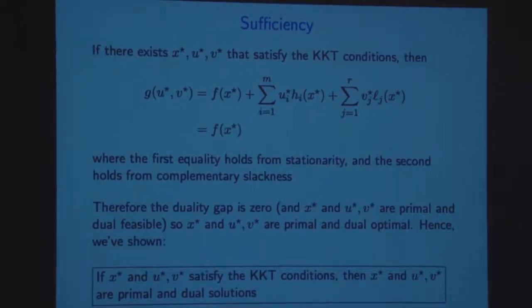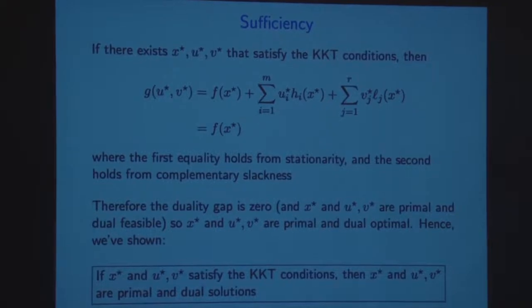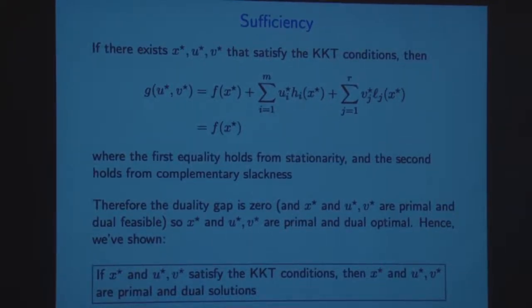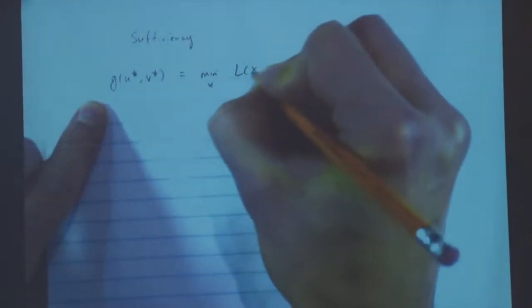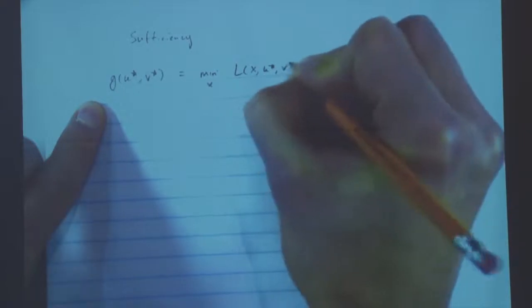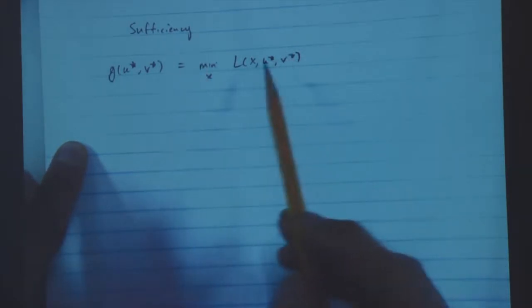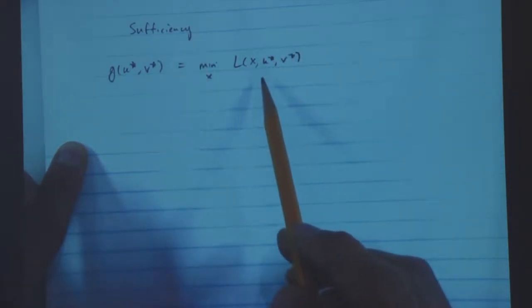Well, let's write down the Lagrange dual function, which is the minimum over all x of the Lagrangian, L(x, u star, v star). By the stationarity condition, because subgradient optimality goes both ways, x star achieves the minimum here, because 0 is in the subgradient of this with respect to x when we plug in x star.